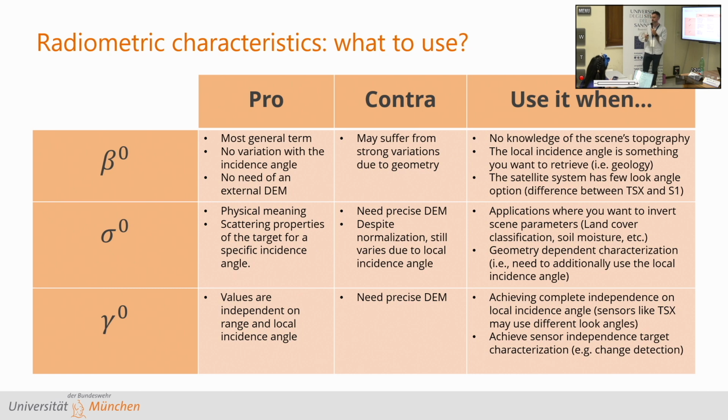Any other question? Please. I don't know if you ever worked with Microsoft Planetary. What about the catalog with the RTC correction? Which kind of value is it? It's different from these three ones, yeah? I mean, we talked about terrain correction.